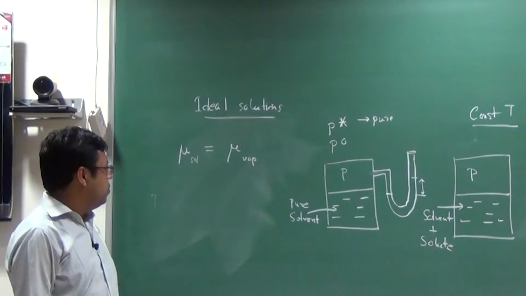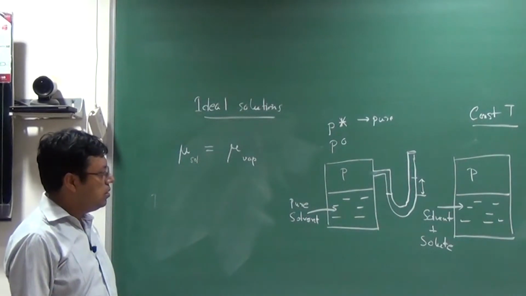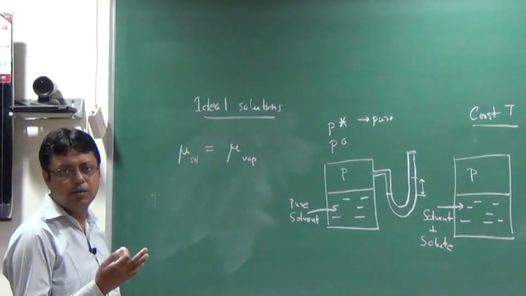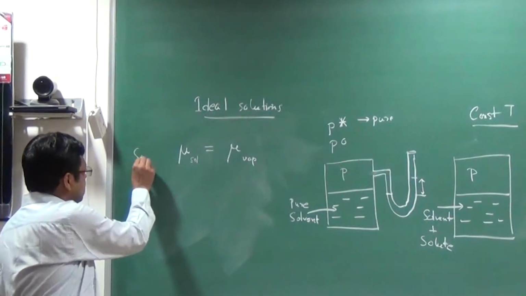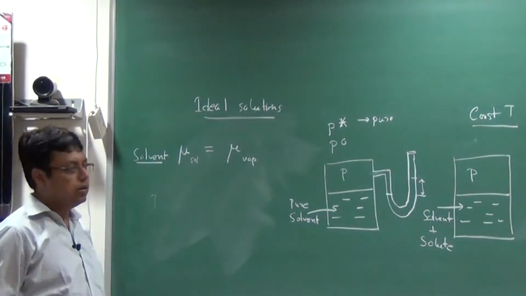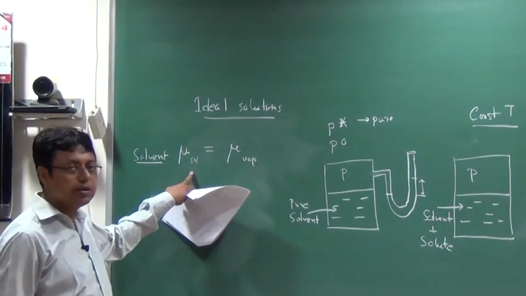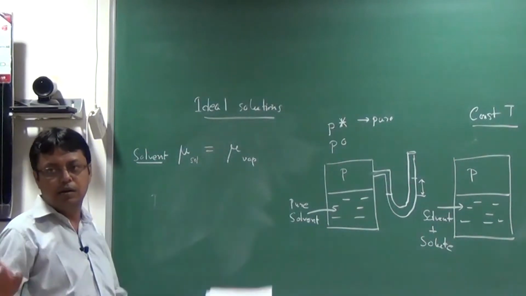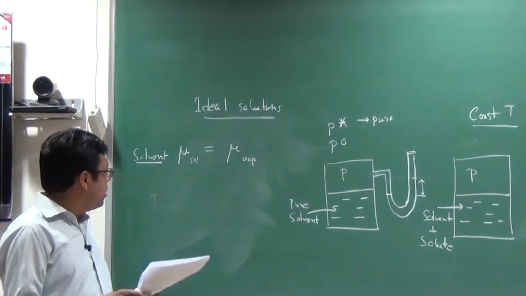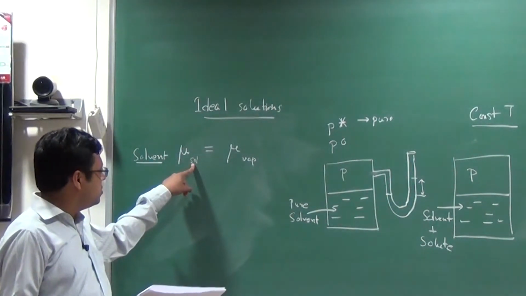This mu actually means the mu of the solvent. Don't get confused, this is for the solvent. The solvent's chemical potential in the solution and in the vapor are identical. Clear?